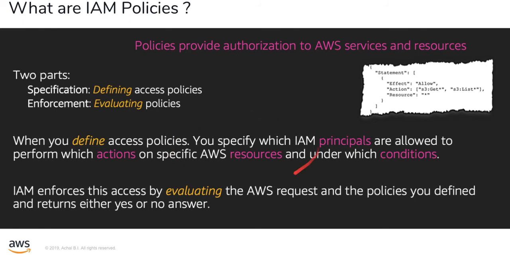So it defines the access policy. This policy is enforced by evaluating the AWS request against the policy, and it gives you the answer of whether this is a valid policy or an invalid policy.